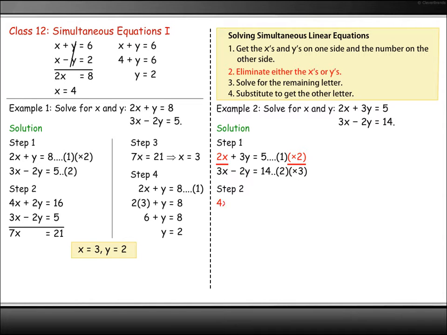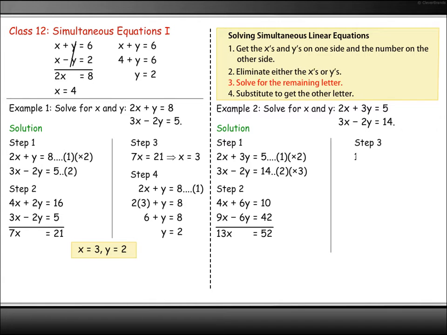Equation 1 becomes 4x plus 6y is equal to 10. And equation 2 becomes 9x minus 6y is equal to 42. Add the equations to give 13x equals 52. Step 3.